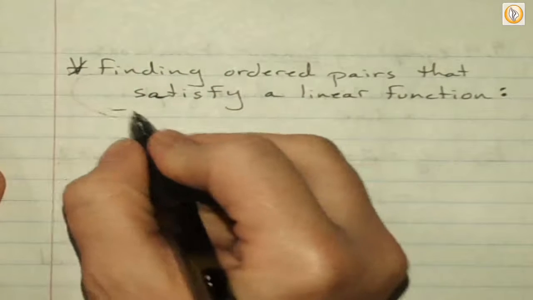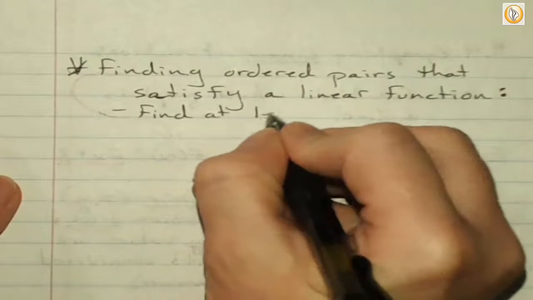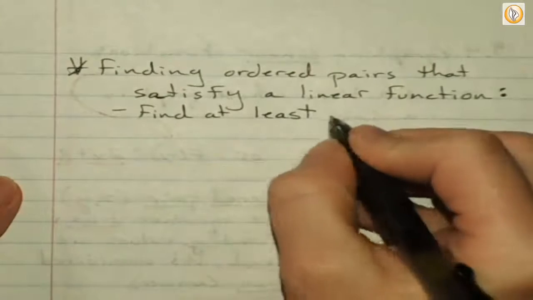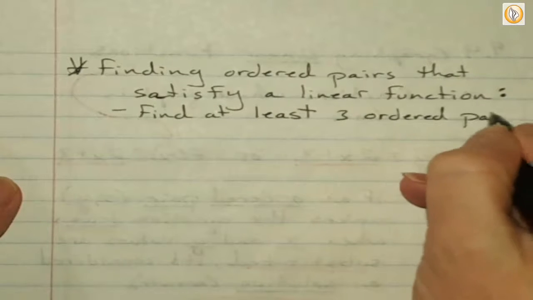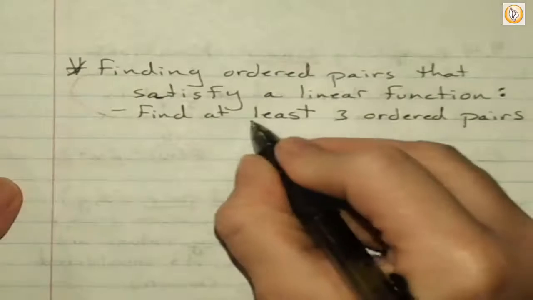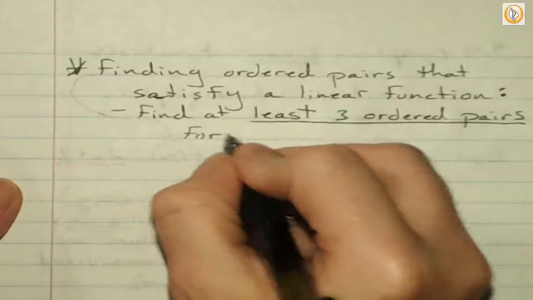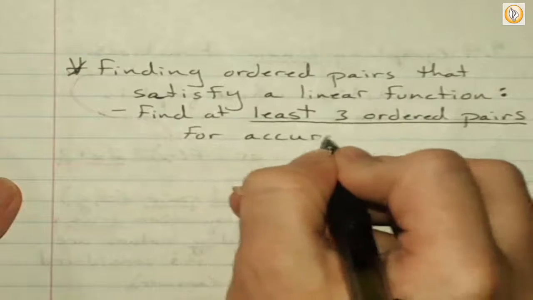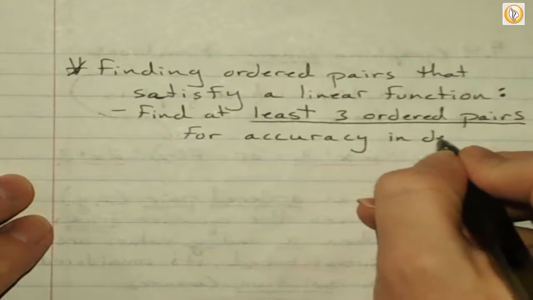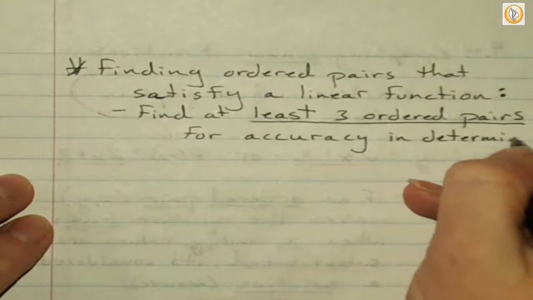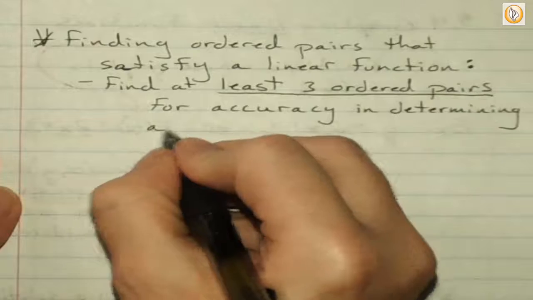The first thing you do is you're going to find at least 3 ordered pairs for accuracy in determining a line.